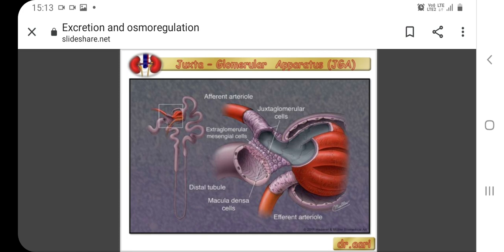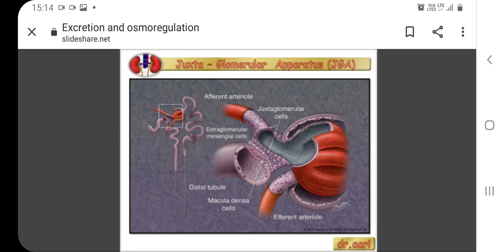In the loop of Henle, the permeability of the membrane changes. The descending limb is permeable to water and not to the solutes. The opposite is true for the ascending limb, as we have seen in the picture in the previous slide.